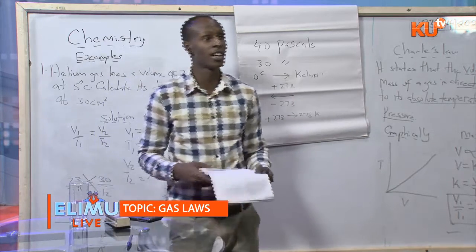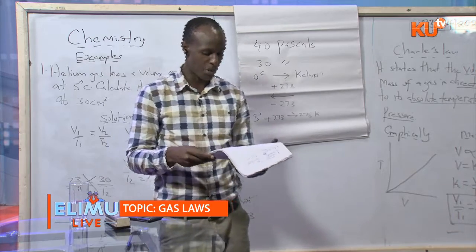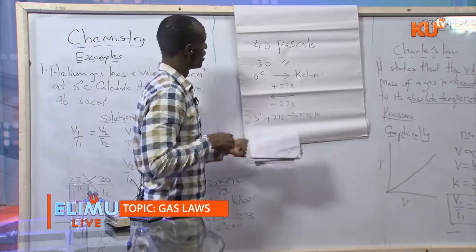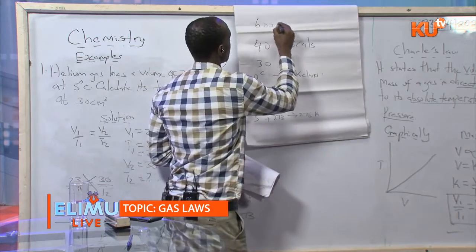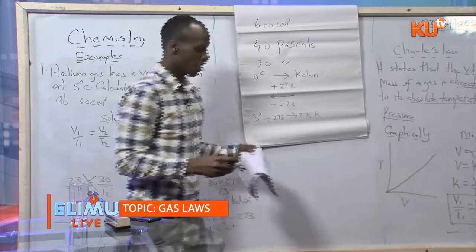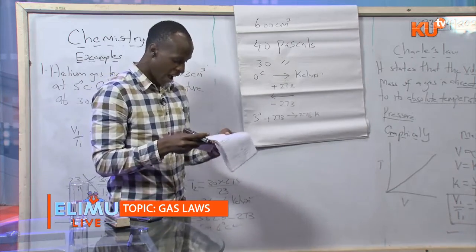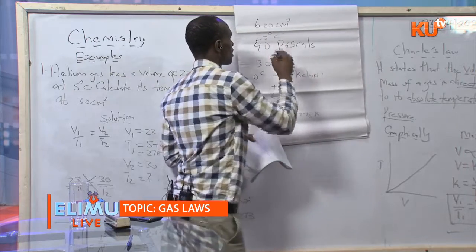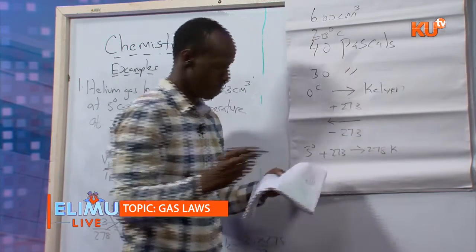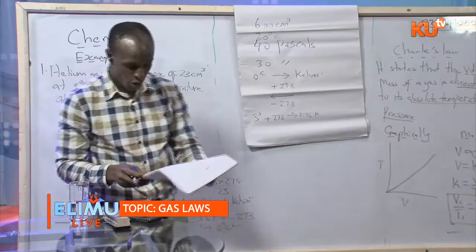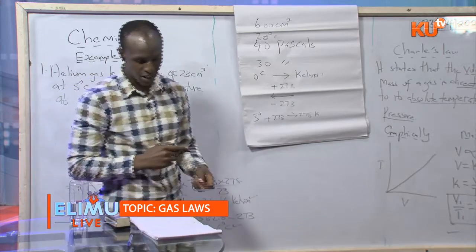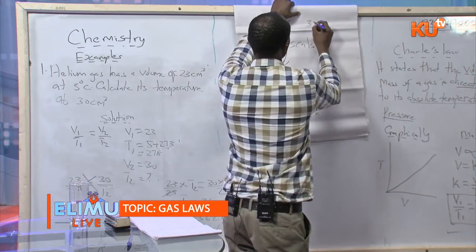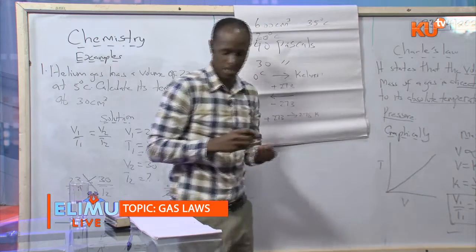The volume of oxygen gas is 600 centimeter cubed at 20 degrees Celsius.